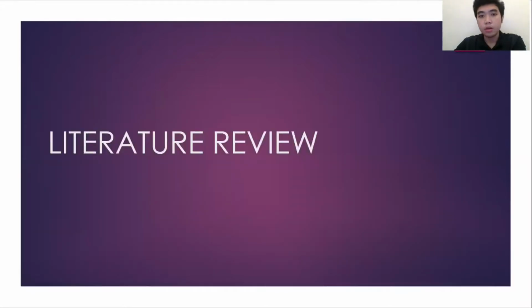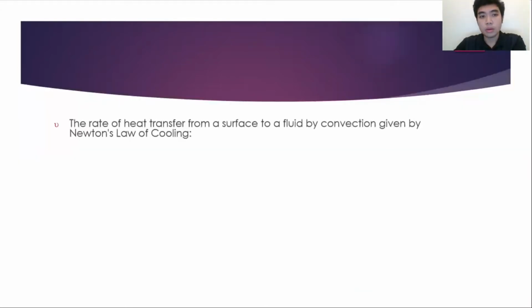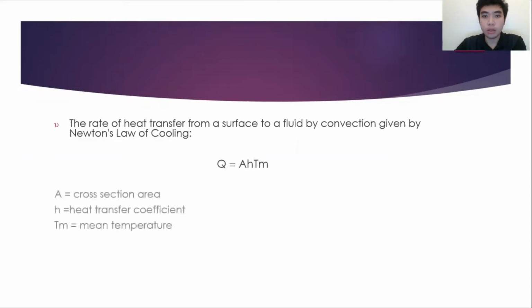For the literature review, the rate of heat transfer from a surface to a fluid by convection is given by Newton's law of cooling, which is Q = A h ΔT. A is the cross-section area, h is the heat transfer coefficient, and ΔT is the mean temperature, Tm.